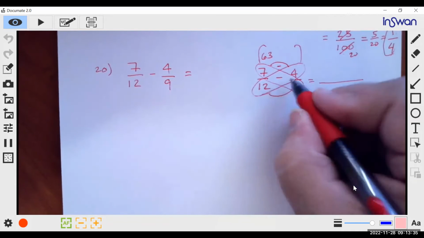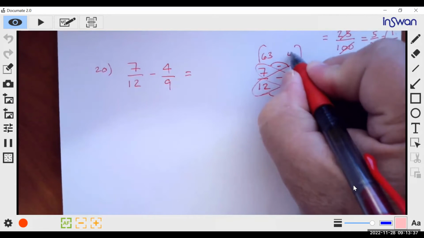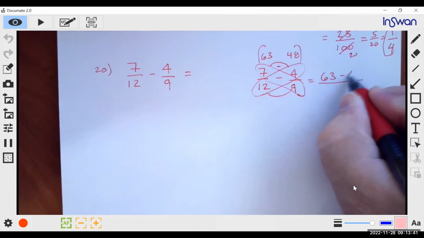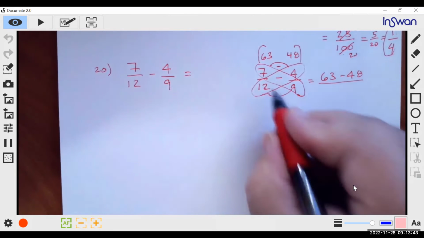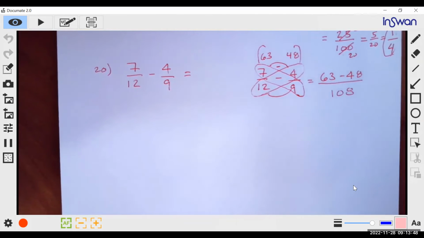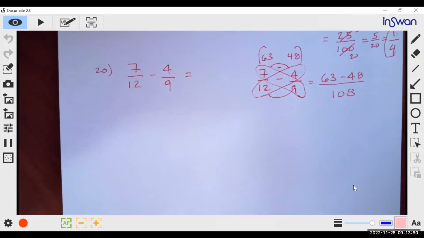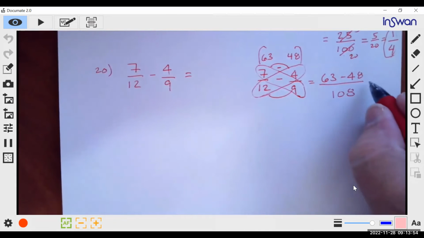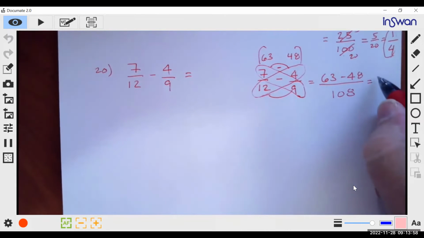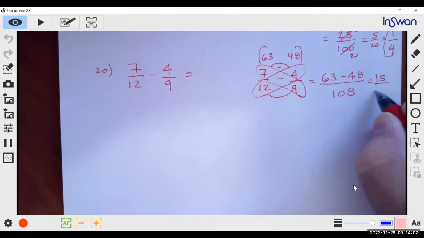Minus 12 times 4 is 48. So 63 minus 48. 12 times 9 is 108. 63 minus 48 is 15.